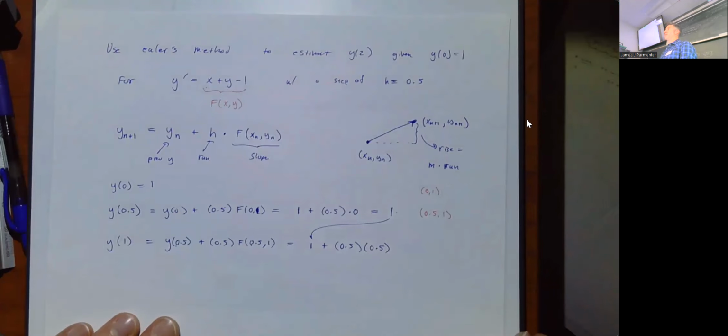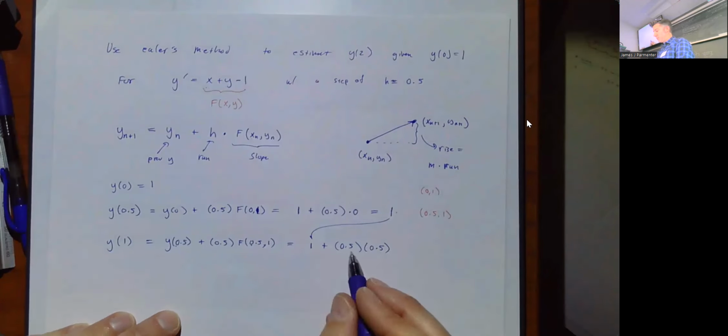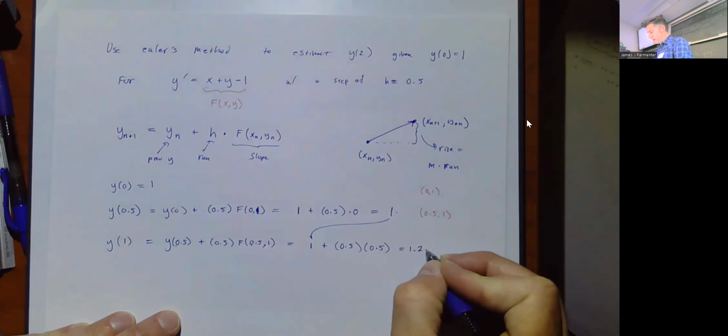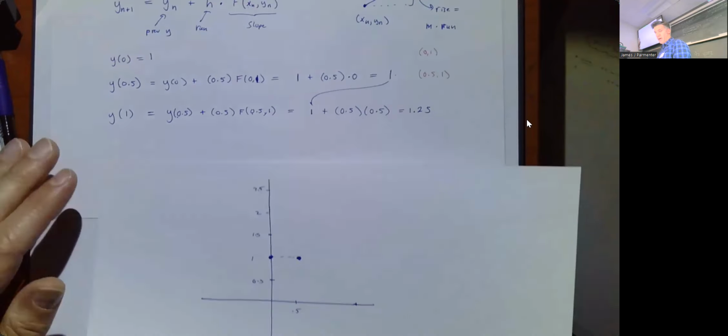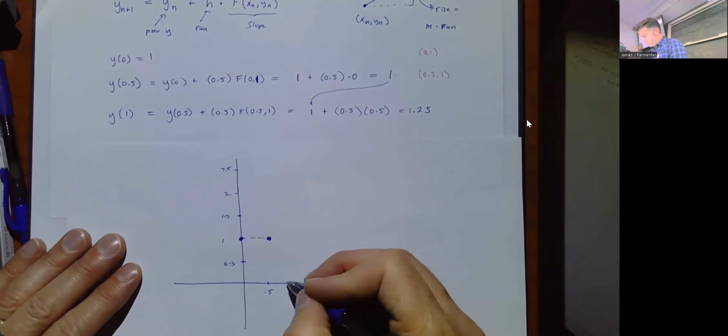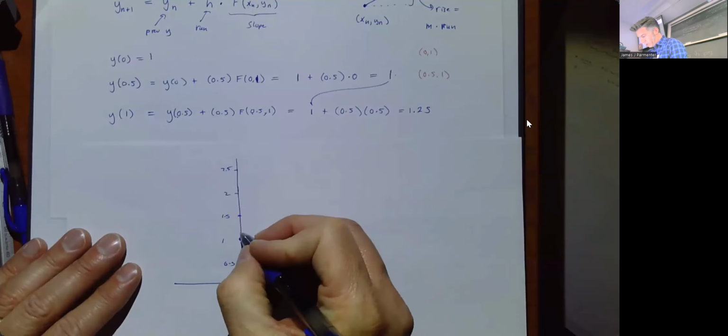And a half times a half is a quarter. So we get 1 plus a quarter, which is 1.25. We're moving up. So now our next step from 0.5 to 1 moves us up a little bit.